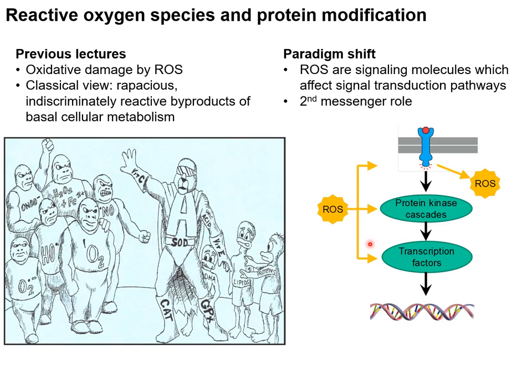So what I want to do in this lecture is look at how reactive oxygen species can affect protein function. And the key point here is that the reactive oxygen species are not causing damage to the proteins. This is a very different concept from the one that's shown on the left hand side, where reactive oxygen species are damaging proteins.